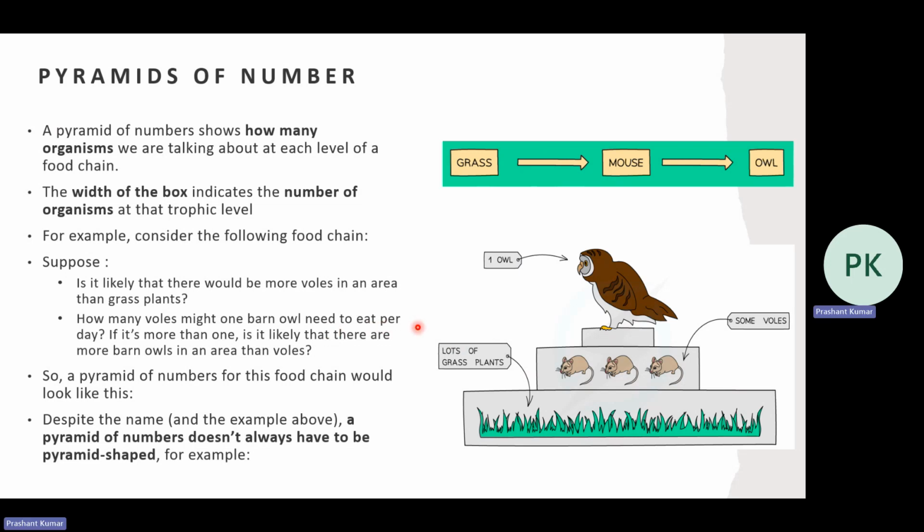So the top carnivores are always less in number. So the pyramid of number for this food chain would look like this. Despite the name and the example above, a pyramid of number does not always have to be a pyramid shape. It keeps on changing. So let's see some examples. Is it always like this or some other way?